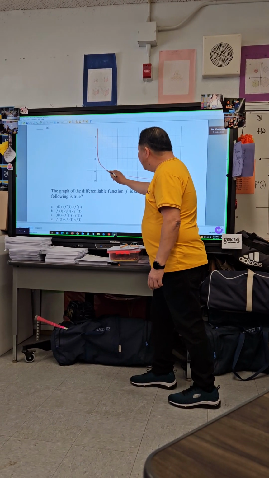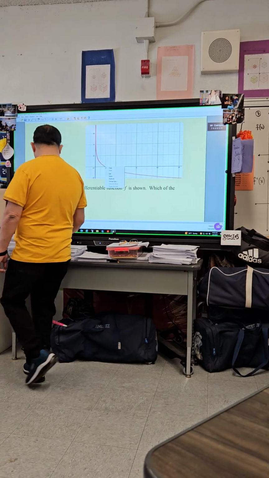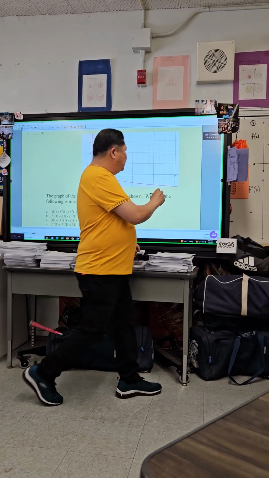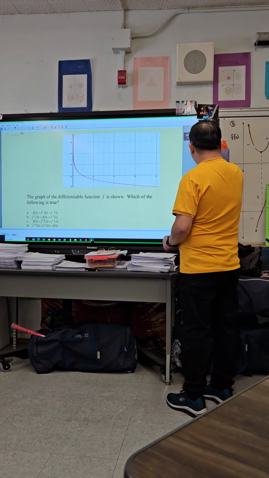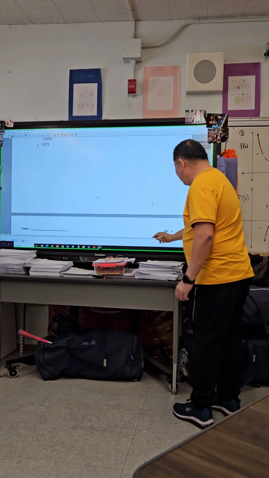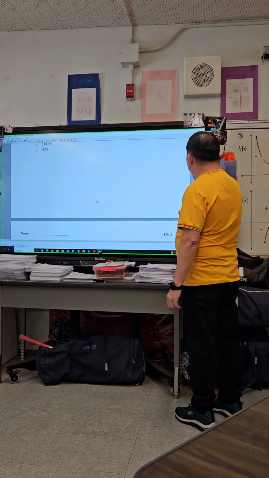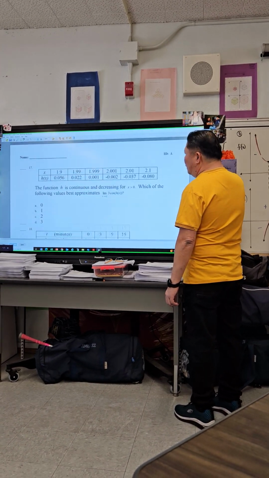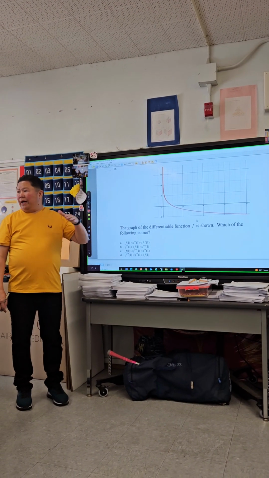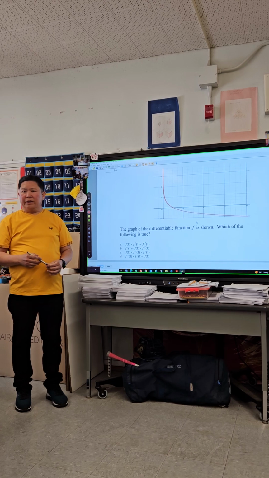So therefore, where do you think the graph crosses, guys? At what value of x does the graph cross? 1.